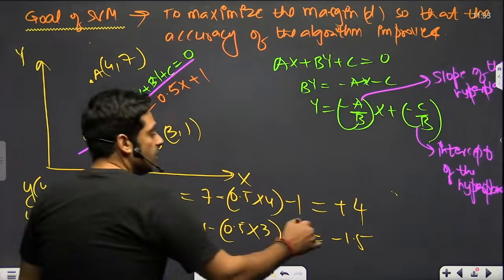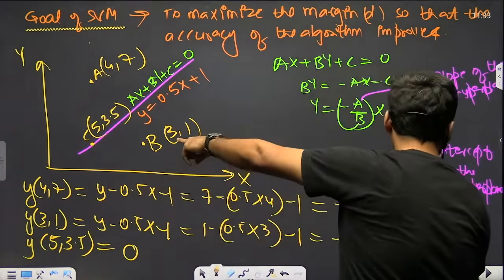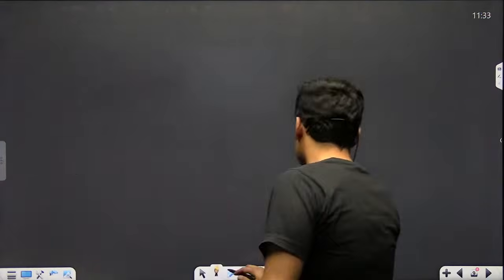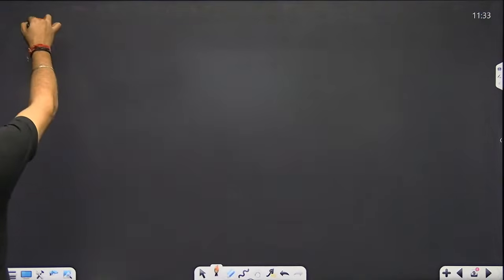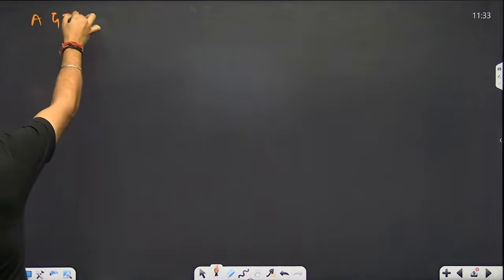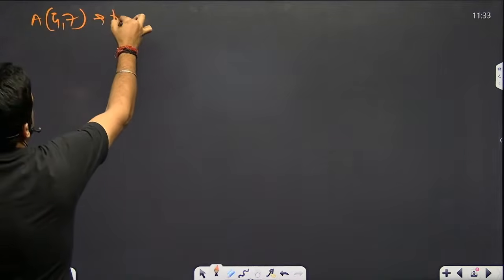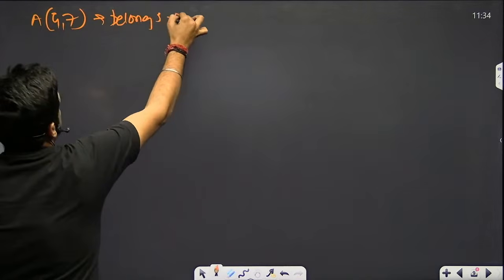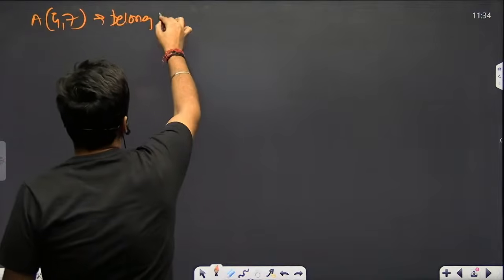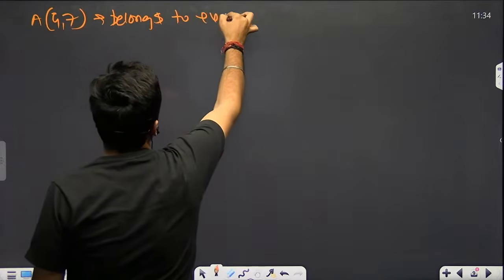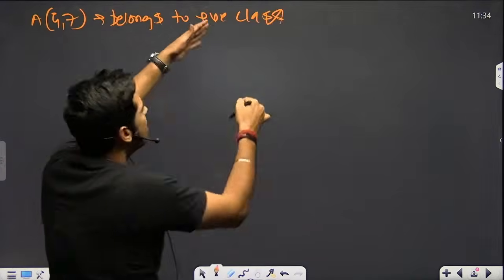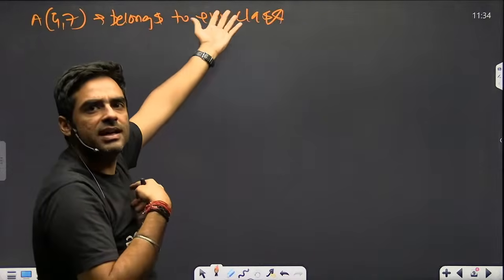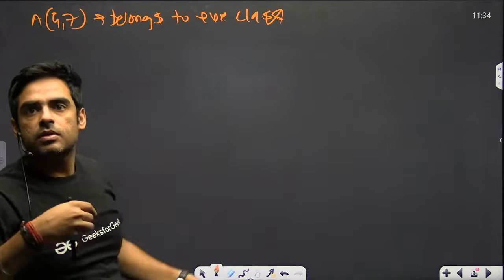So I can say that point A, that is (4, 7), belongs to the positive class, or class A.